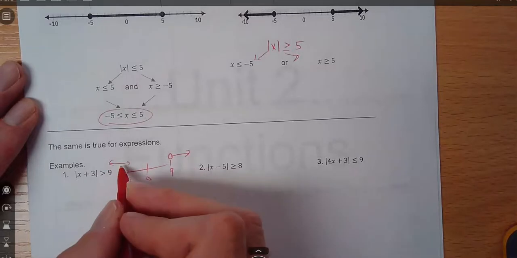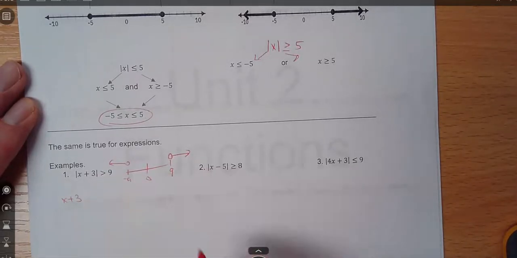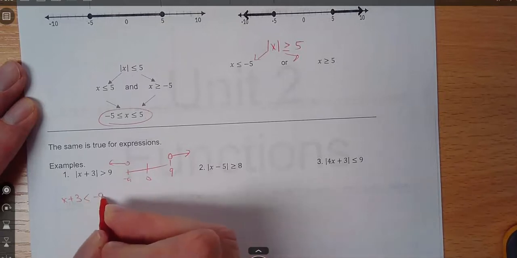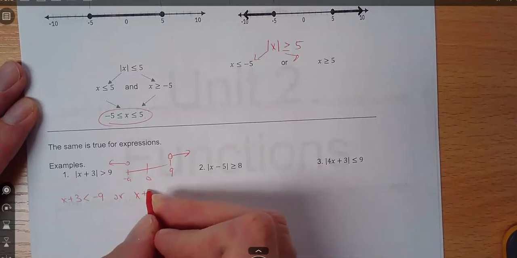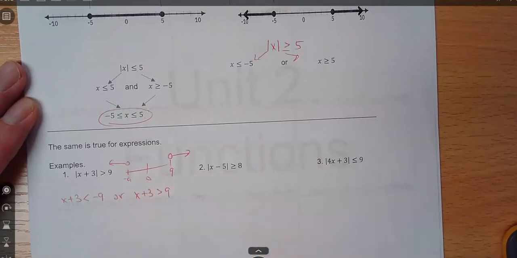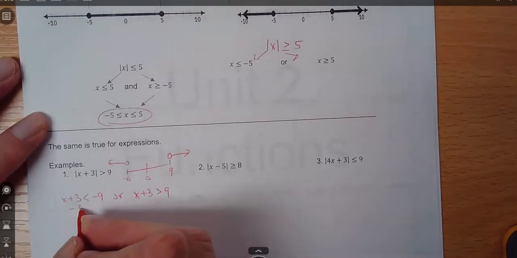So x plus 3 itself, if it's left of -9, that means it's less than -9. Or if it's to the right of +9, that means x plus 3 is greater than 9. Okay, so it's going to be outside. If you need to draw a picture like this every time, whether in your head or on paper, do it. And now solve these individually.